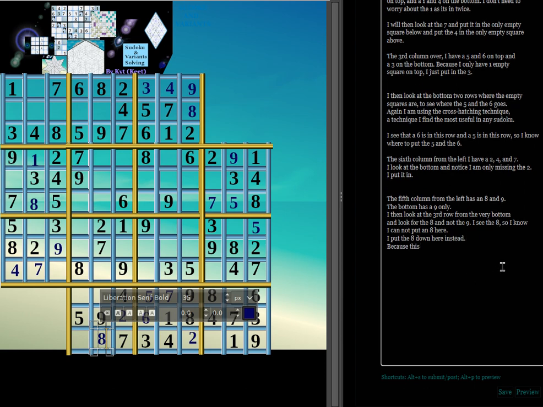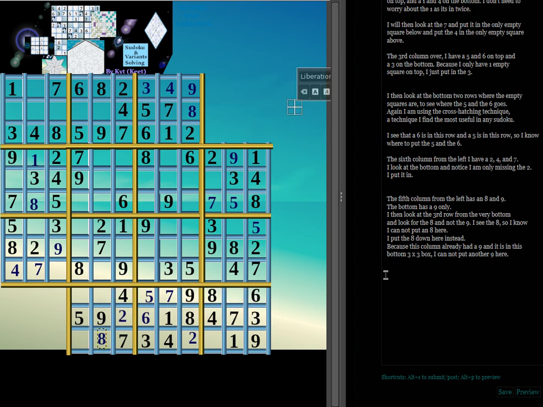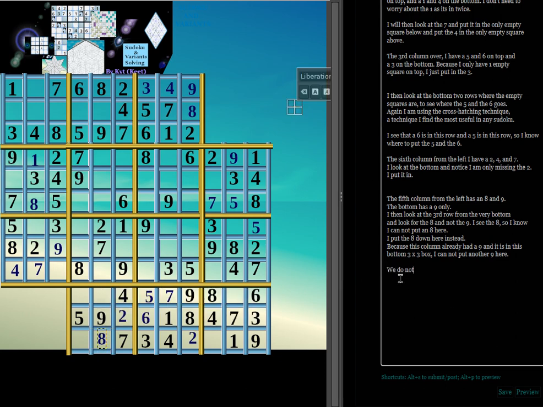Because this column already has a 9 and it is in this bottom 3 by 3 box, I cannot put another 9 here. Now we do not know what that third number is yet, so we move on.